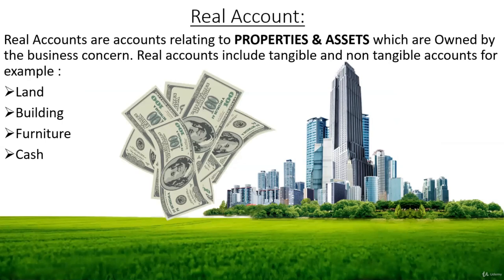For example, tangible means those assets which we can touch, like land, building, furniture, cash, and intangible assets like the goodwill of a company. We cannot touch the goodwill of the company, but we can calculate the amount on the basis of goodwill. We can pay someone. So these are the real accounts.